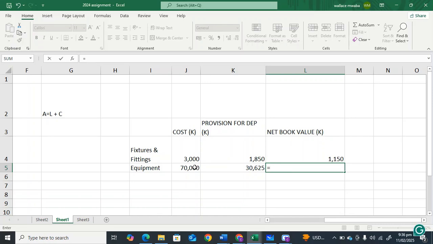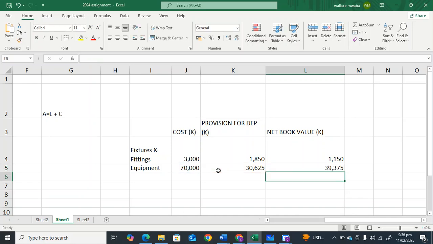So we get our net book value: 70,000 minus 30,625. So our net book value is 39,375.